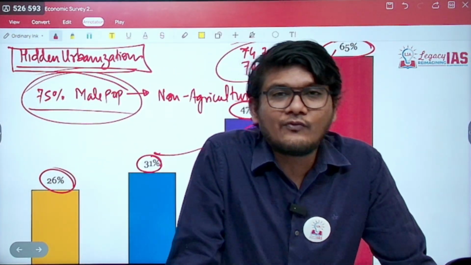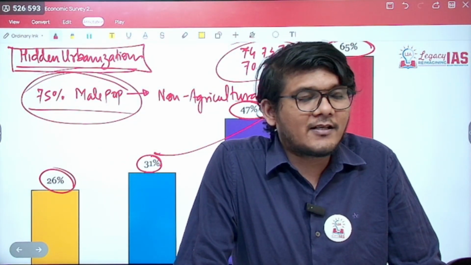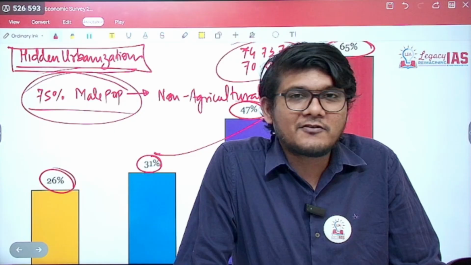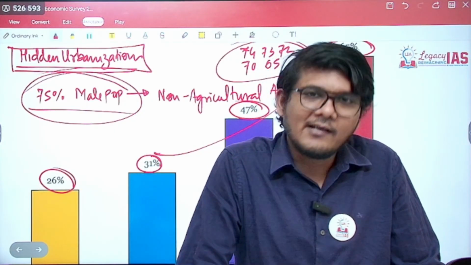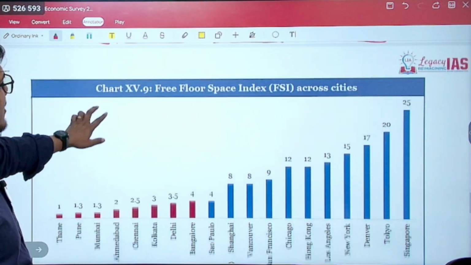Now what issues will come out of this? Simply that whenever the schemes for the urban areas are coming, these areas will be devoid of such schemes because they are not classified as urban areas, right? So we need to improve on that regard.